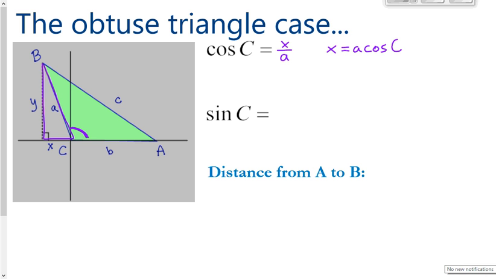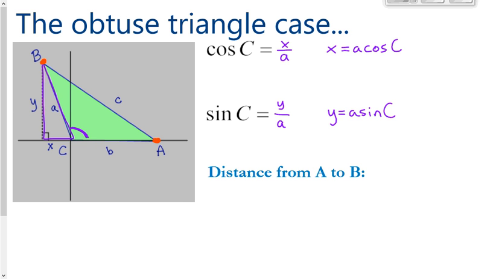And then same idea for the sine of C. Here's angle C, but this is its reference triangle. So for sine, we're going to do y over a. And we could isolate y. Y is a sine of C. And then to make a relationship between all three of these things, I'm going to use the distance formula. And I'm going to talk about the distance c, which goes from this point over here to this point over here.